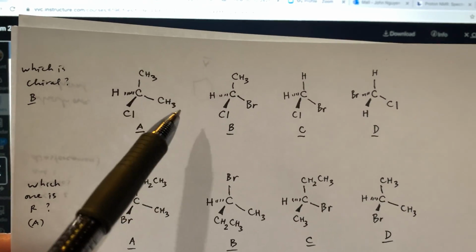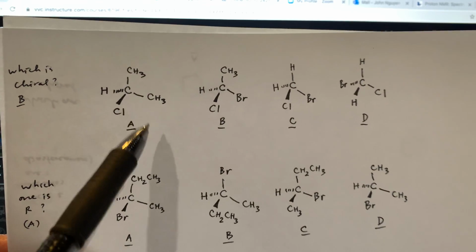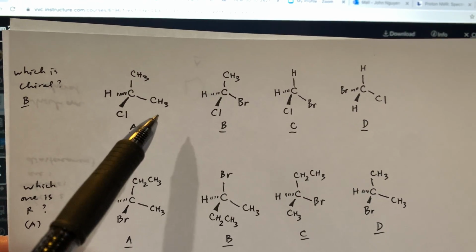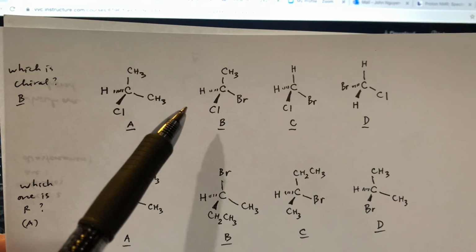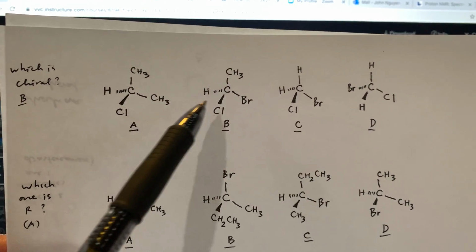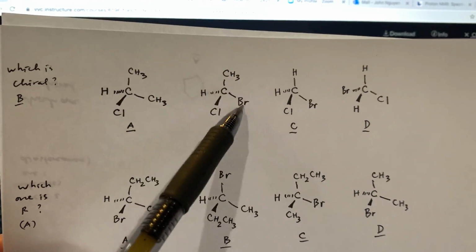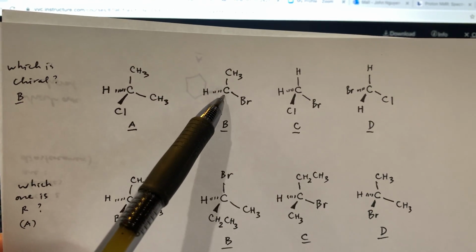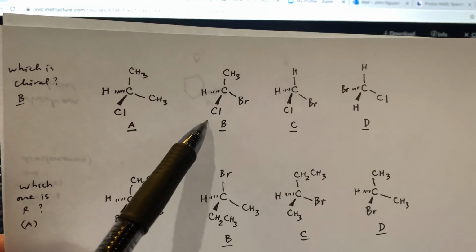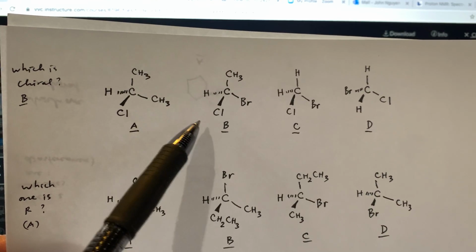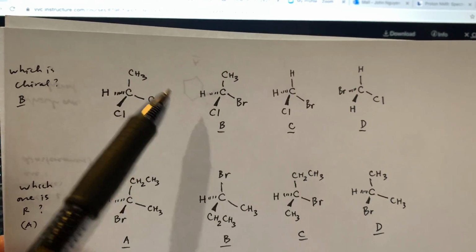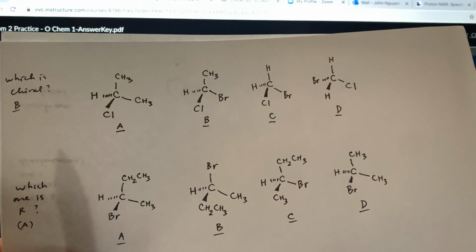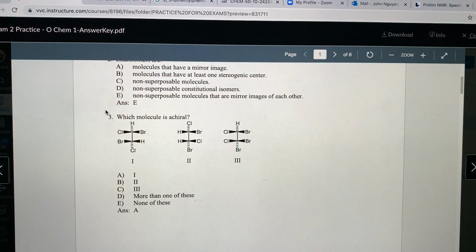It can be any kind of atom, as long as it has four different substituents, it is chiral. But here, we focus on carbon. If a molecule has only one chiral carbon, the molecule is chiral. However, if it has more than one, especially an even number of chiral carbons, it might or might not be. Let me show you the next example.